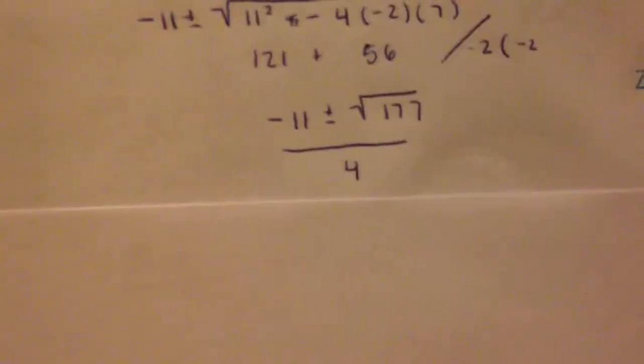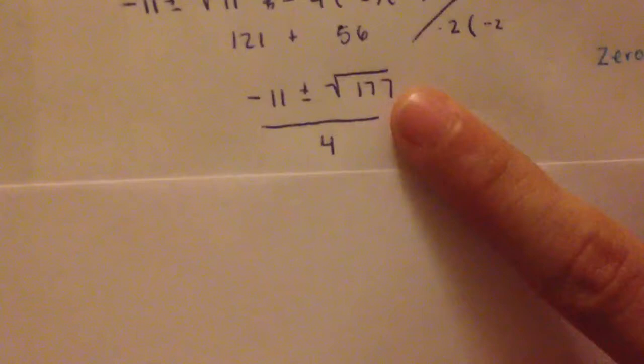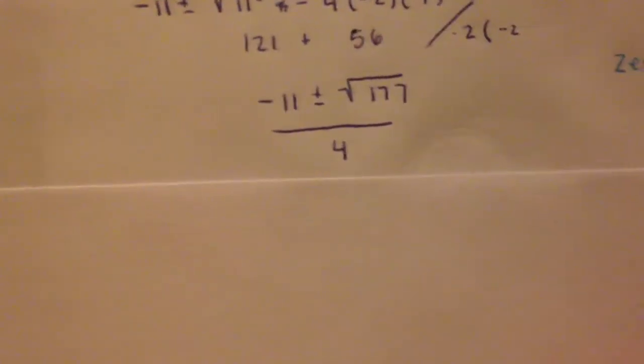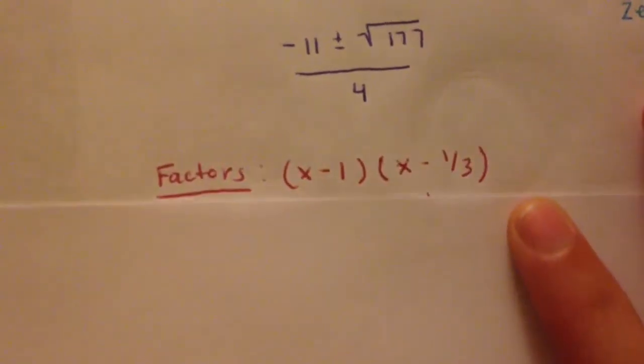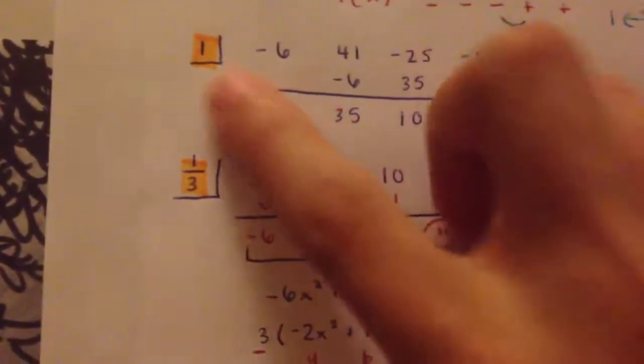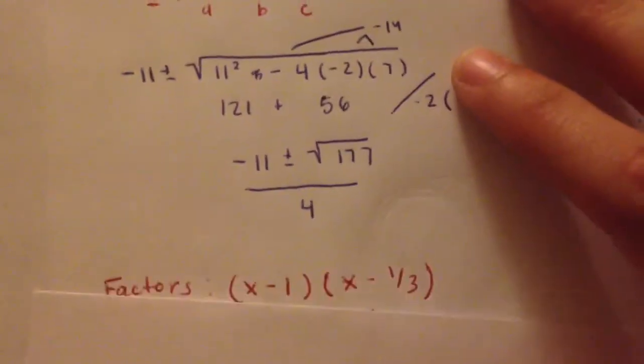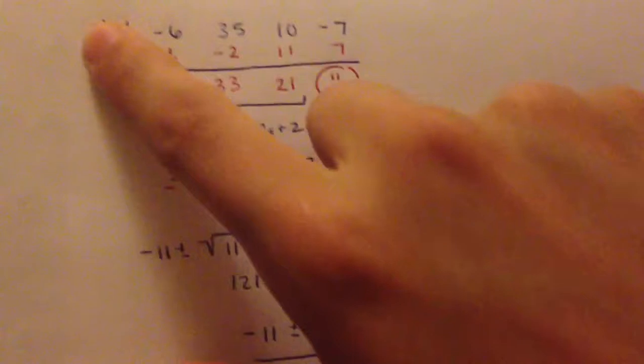And we really wouldn't need imaginary numbers, because we have a positive square root, so there isn't a reason why we need one. So now we are going to list out the factors. We have x minus 1, from the one that we got earlier, and x minus 1 over 3 right here.